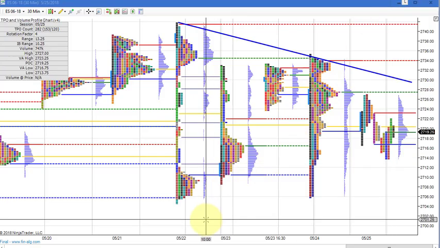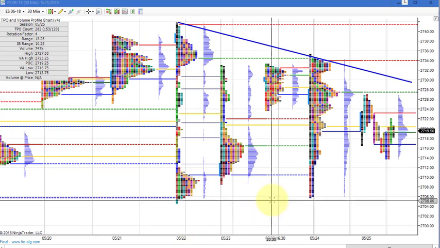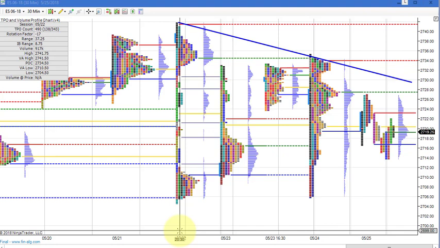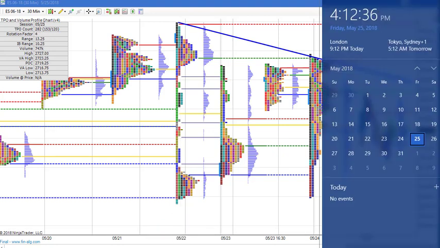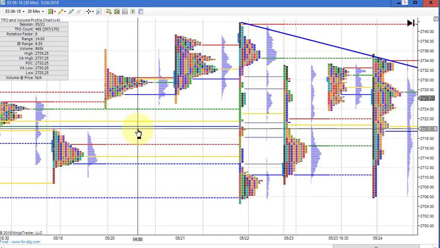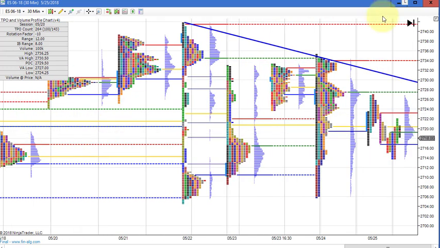Okay, so I wanted to bring over a chart of the market profile, and since the 22nd, I believe, which was Tuesday, but the 21st was Monday, the beginning of the week, the market has basically been in a consolidation phase this week.